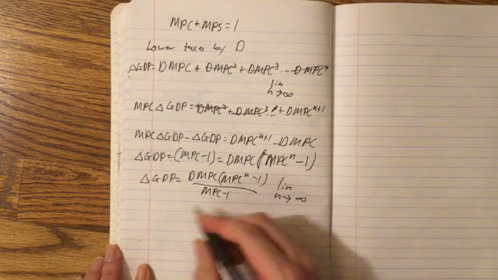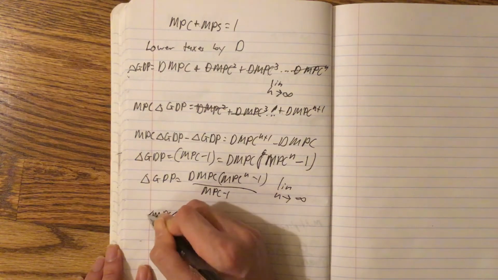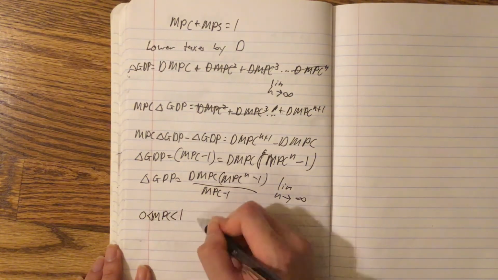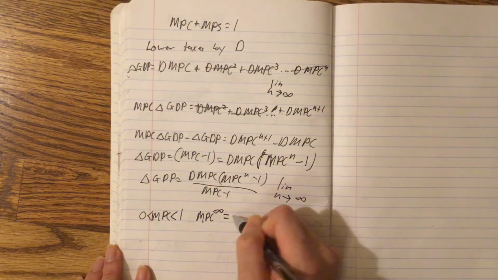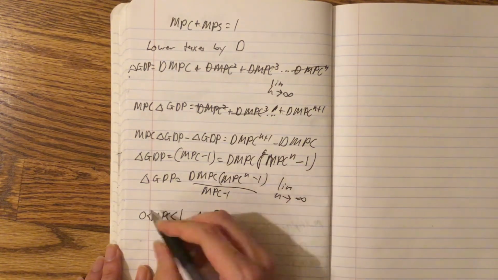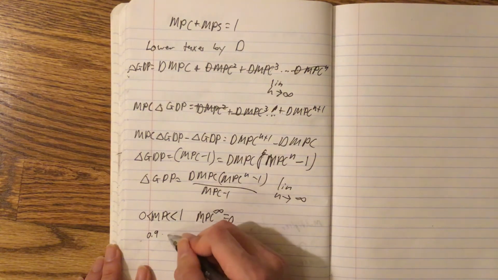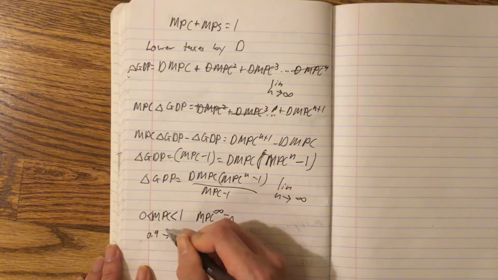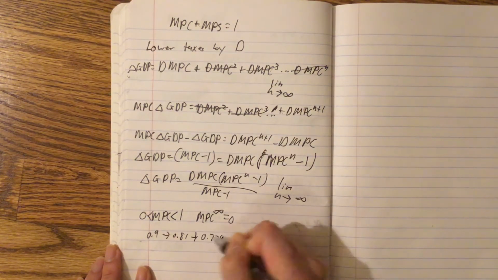But look, I want you to notice something. MPC we can assume to be less than 1 and greater than 0. Now, any number less than 1 and greater than 0 to an infinite power would equal 0. So let's take 0.9, for instance. 0.9 times 0.9 would be 0.81. 0.9 times 0.81 would be 0.729.